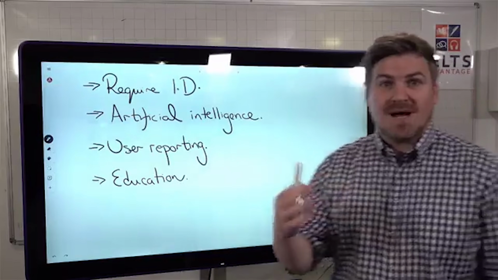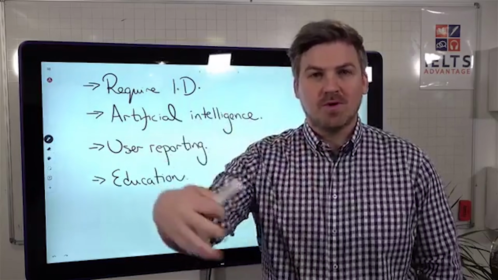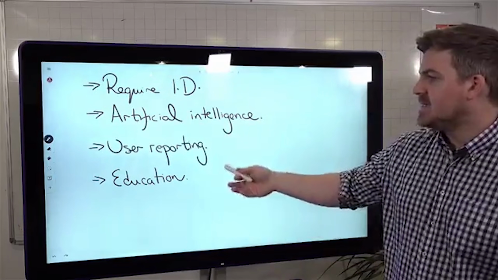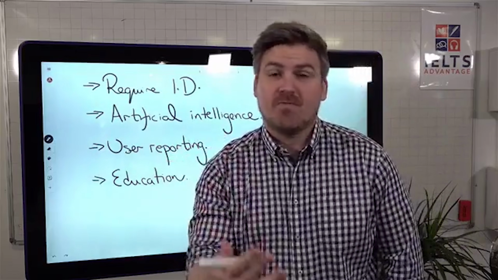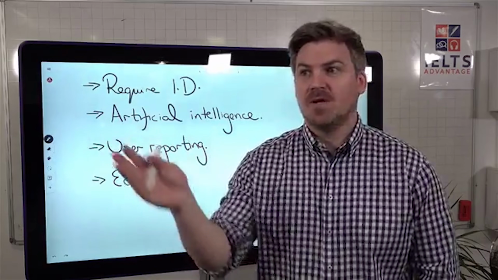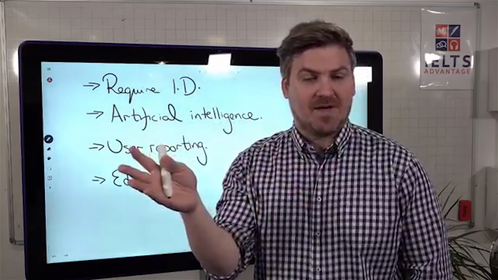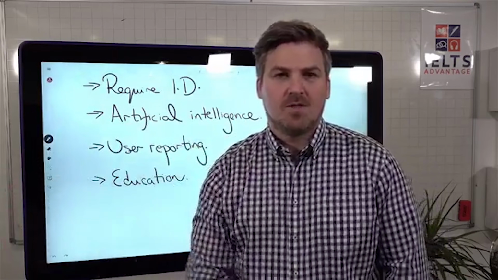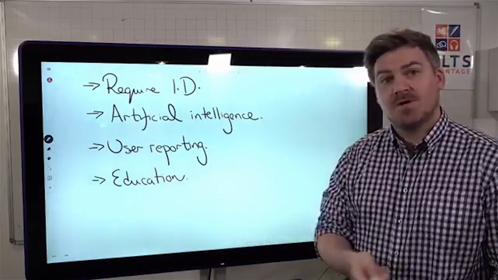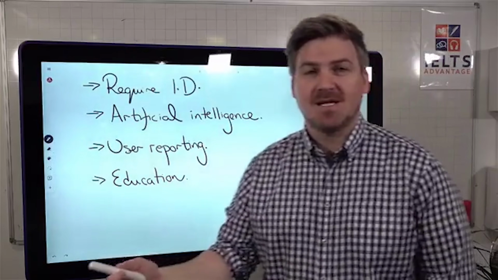User reporting, so asking the different users to report fake accounts manually. And education, so Facebook educating people about the difference between a real account and a fake account, so people can ignore those fake accounts. So you might have had one of these ideas, it might be a different idea.